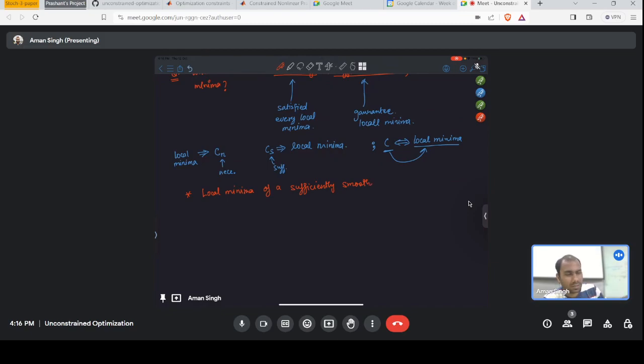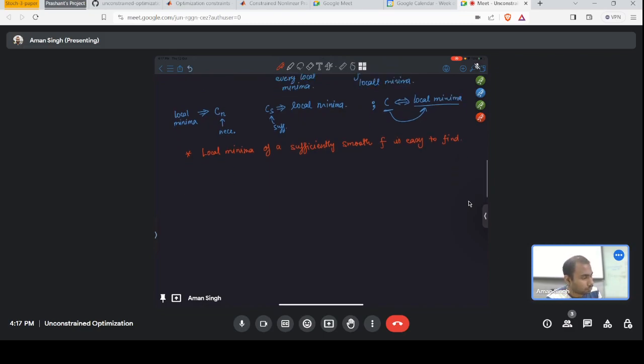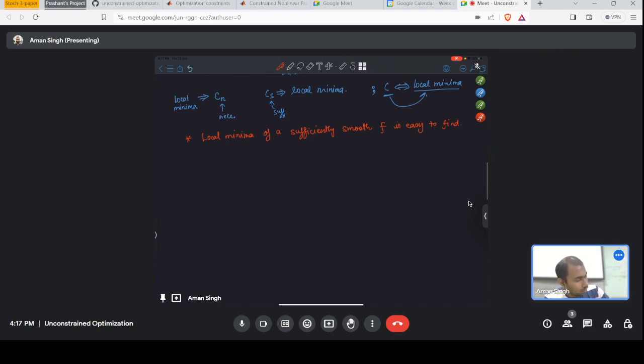Sufficiently smooth means it's continuously differentiable, or higher order derivatives are also continuous. So we'll discuss the first condition. This is called the first order necessary condition.